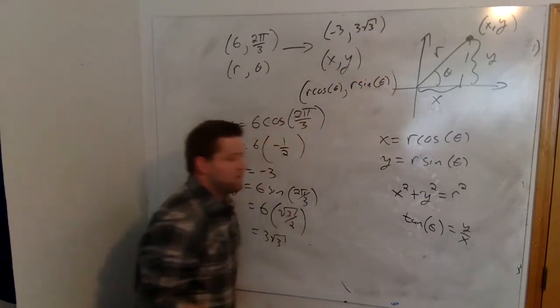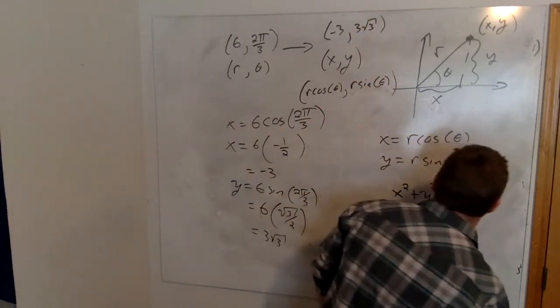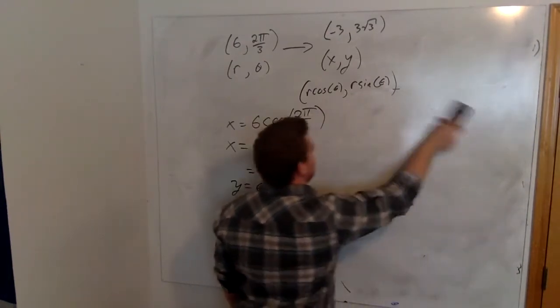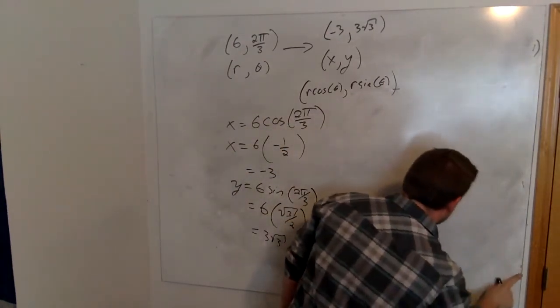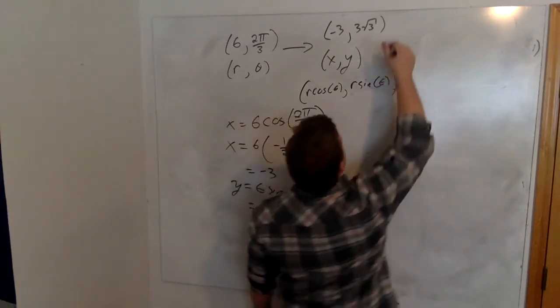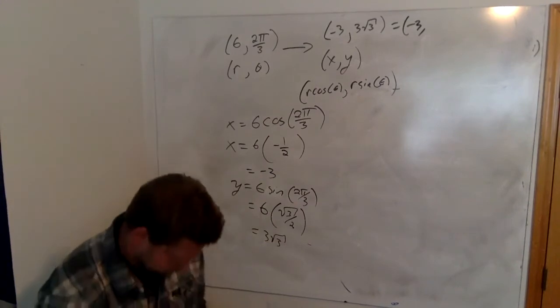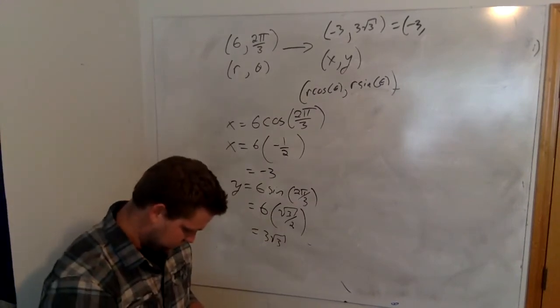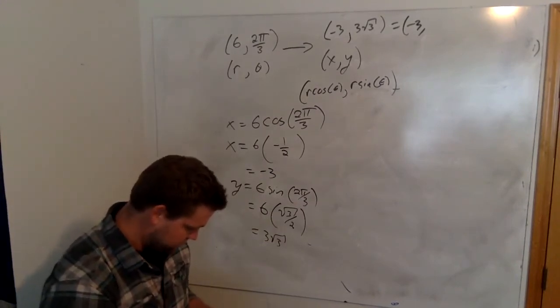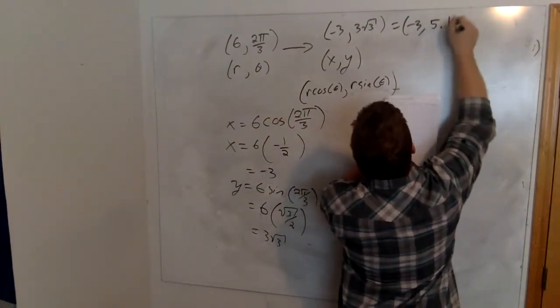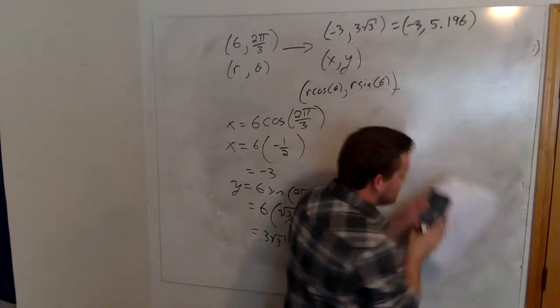Let's verify that this at least makes some sense. I'm going to do a hand sketch here. What is 3 root 3 roughly? It's roughly 5.196.